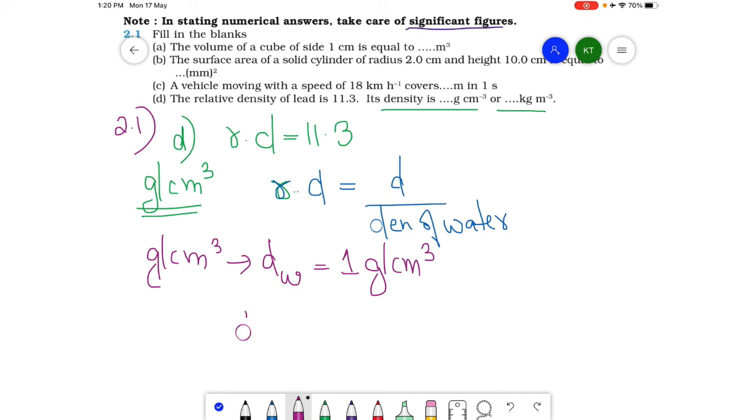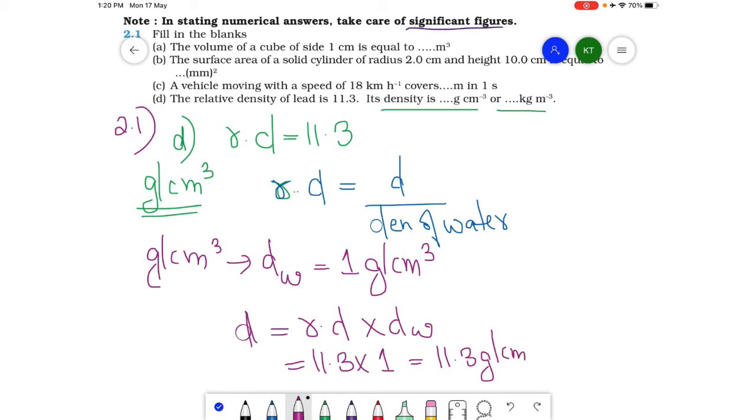So in order to find the density of lead, multiply relative density by density of water. We get 11.3 into density of water is 1 gram per centimeter cube, we get 11.3 gram per centimeter cube to be the density of lead in gram per centimeter cube. Since here the relative density has 3 significant figures, our final answer should contain also just 3 significant figures.